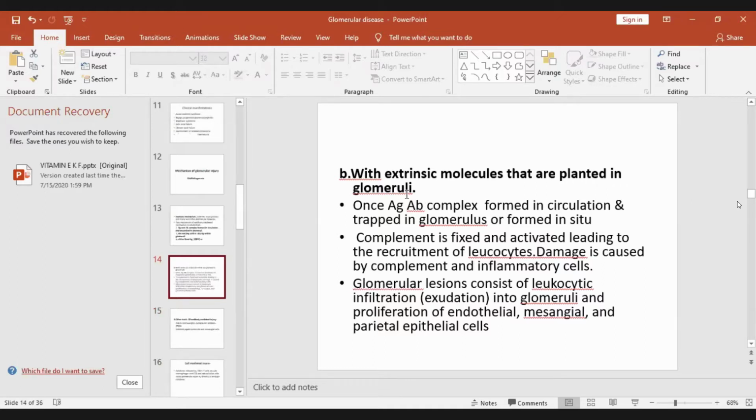One is the circulating immune complex in the blood, which is deposited in the glomerulus as it is filtered, and the glomerulus is secondarily involved. It is a bystander.